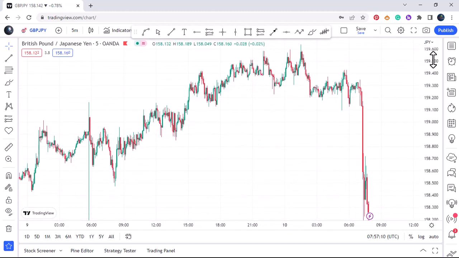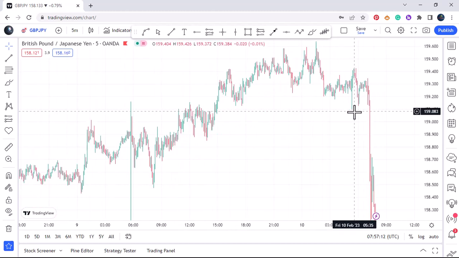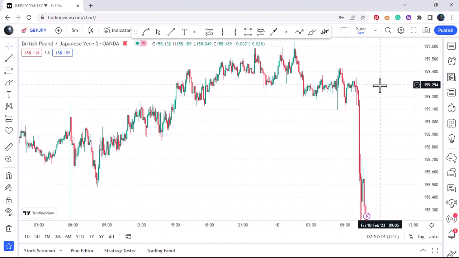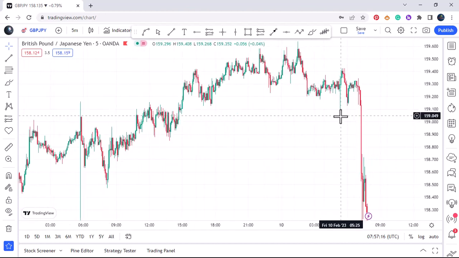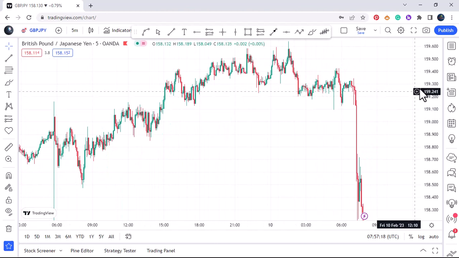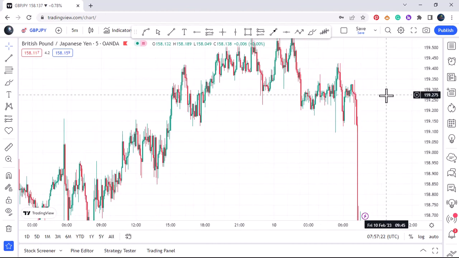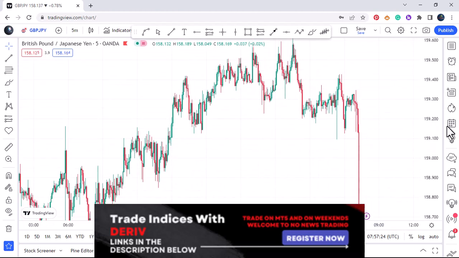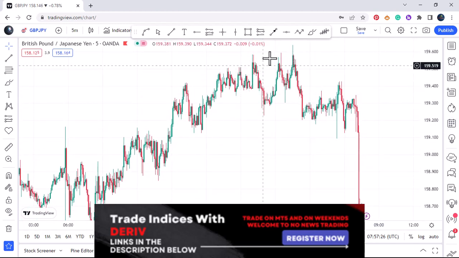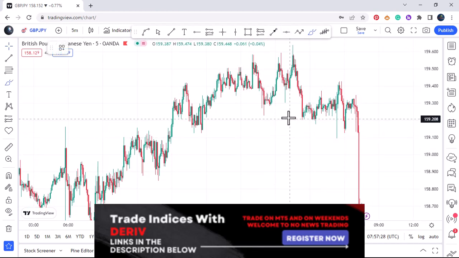On currencies, contrary to what you do on indices, you would want to dial down on the M15, but they are one and the same thing. So we'll just stay on the M5 time frame.